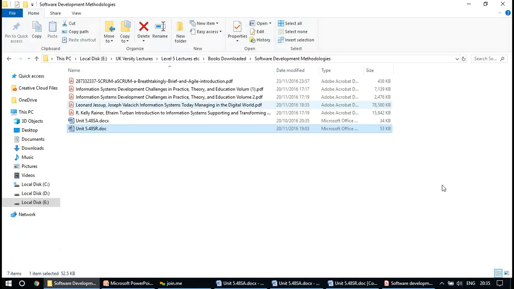In addition to these books, I would also include a textbook on software engineering by Ian Sommerville, and a book on UML Distilled, which is written by Booch, Rumbaugh, and Jacobson.